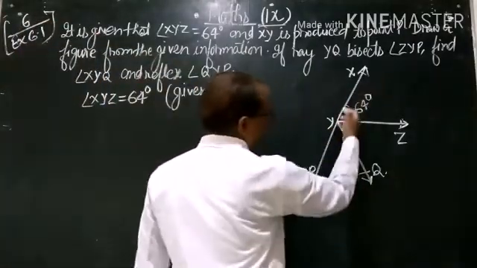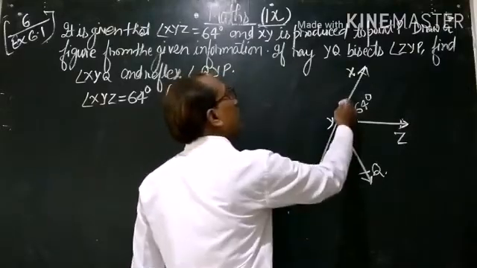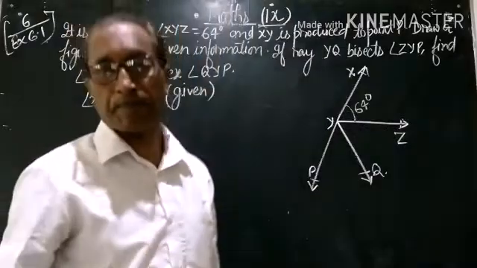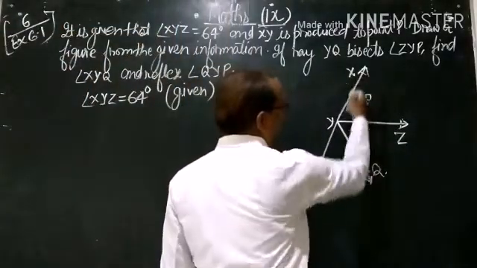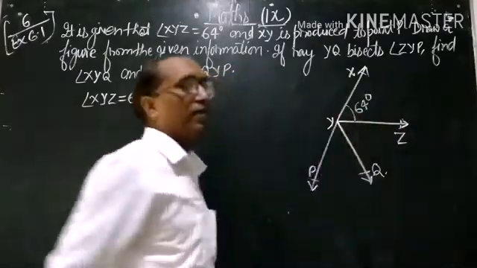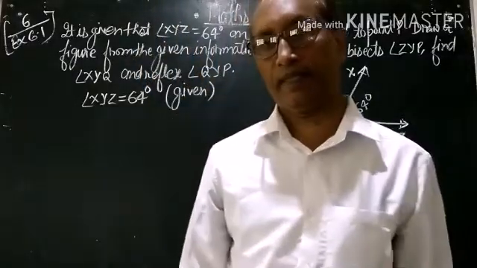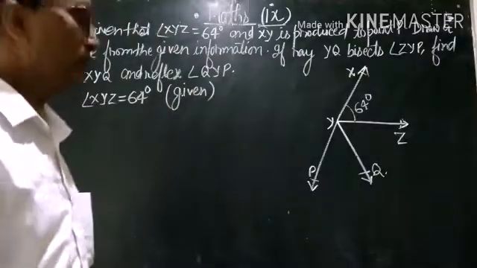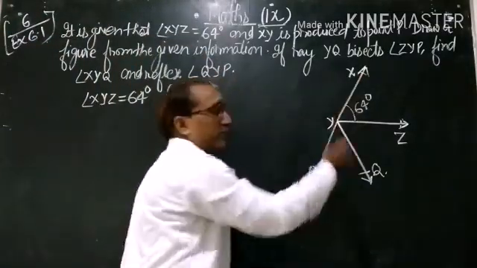Therefore, angle XYP is a what types of angle? Linear pair angle. Angle XYZ and angle ZYP both make a linear pair angle. That's value is 180 degree. That is also known as straight angle. XYP is a straight angle.